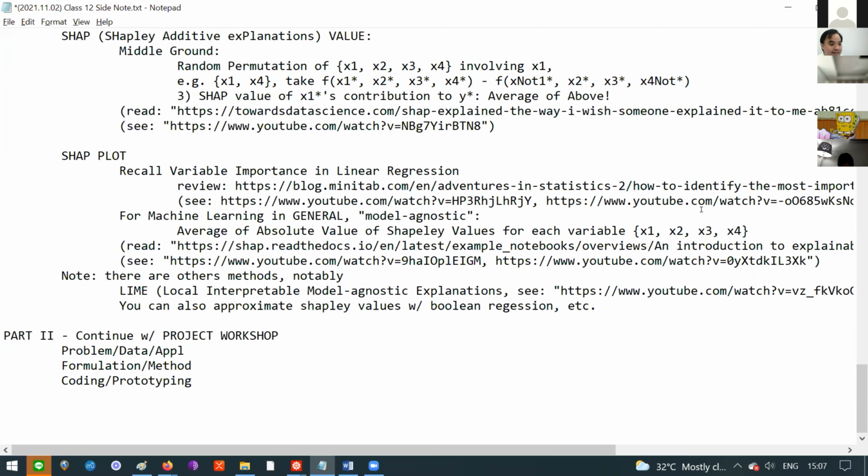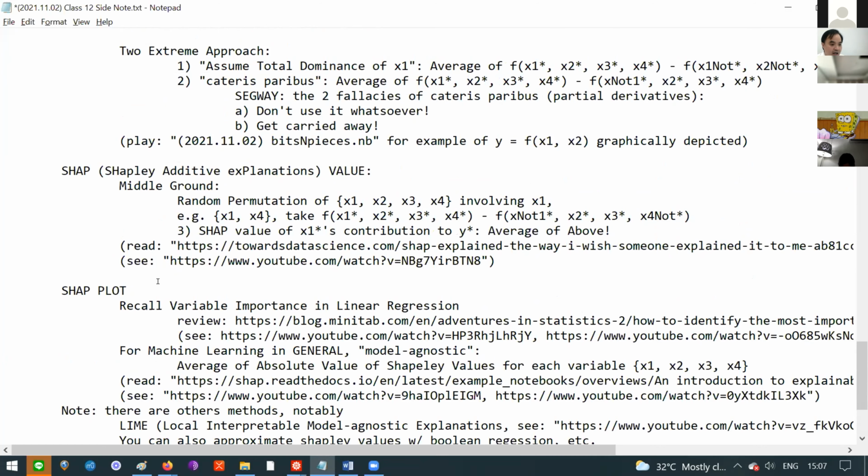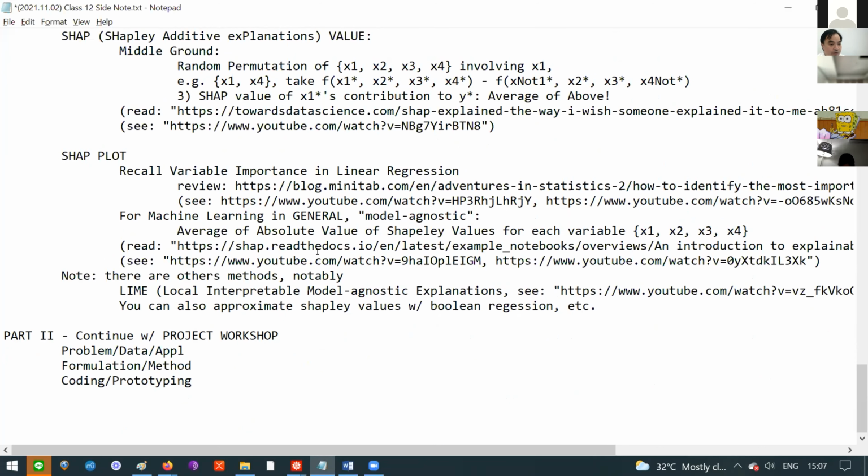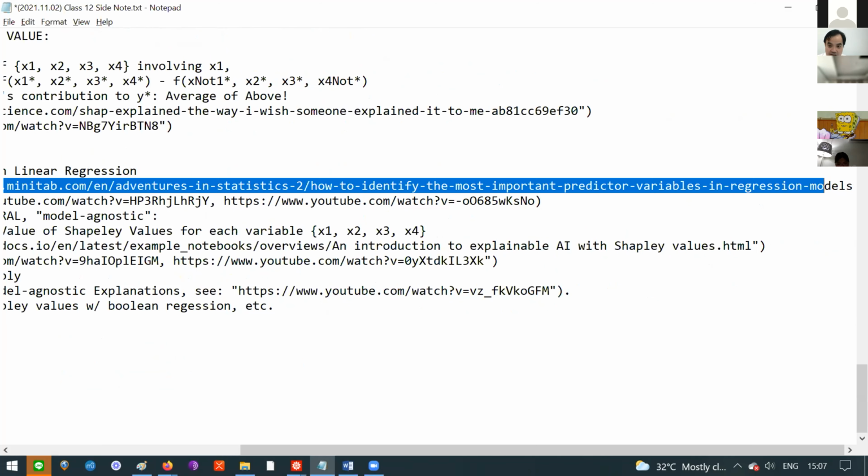So that's it. That's a very important insight. You build the model that learns. Even if your model is linear regression, you can still use this, right? But of course, it'd be a bit silly because with linear regression, you can do standardized coefficients.